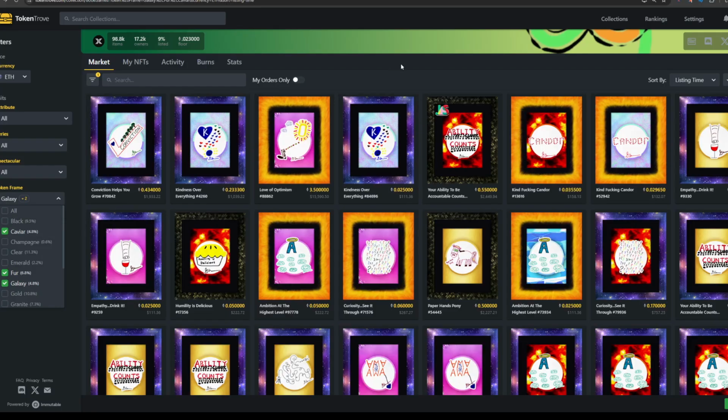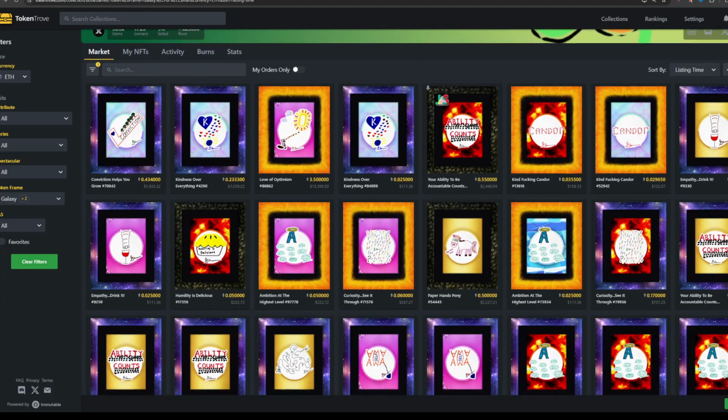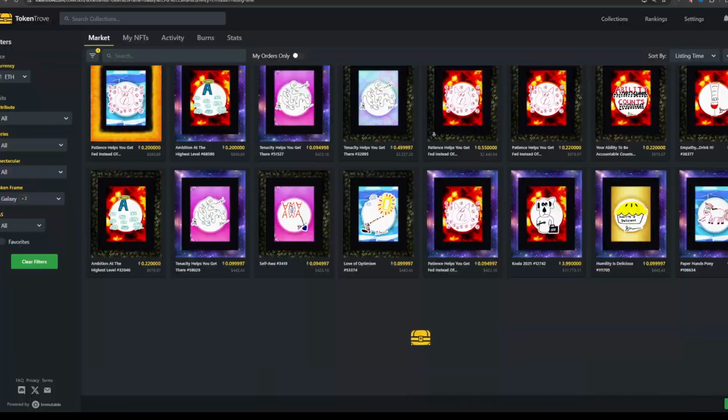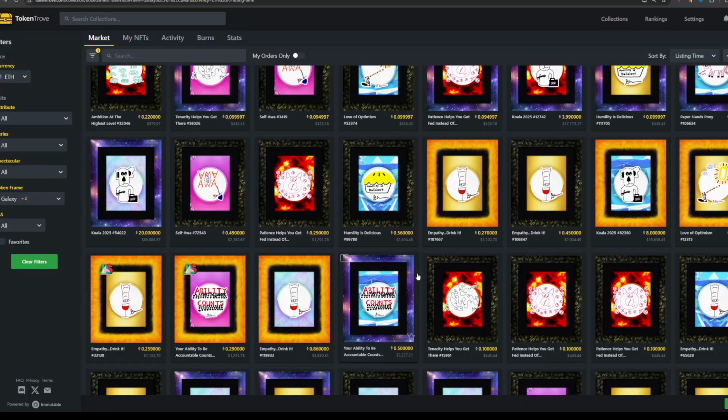Okay, so why did we do Galaxy, Fur, Caviar? Because we're trying to get a sense of what the marketplace is looking like. Well, actually, no, that's not what we do first.